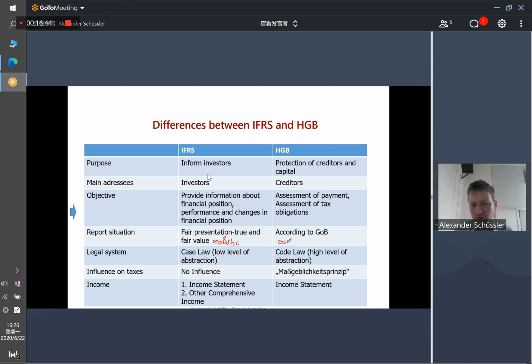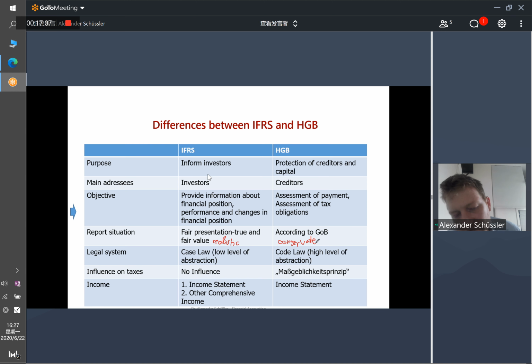Yeah, so HGB is much more conservative. They want businesses to be much more conservative in their reporting, which means understate the assets and overstate the liabilities, basically.